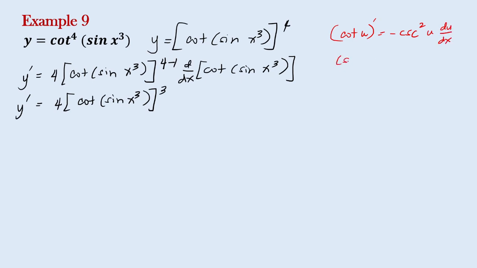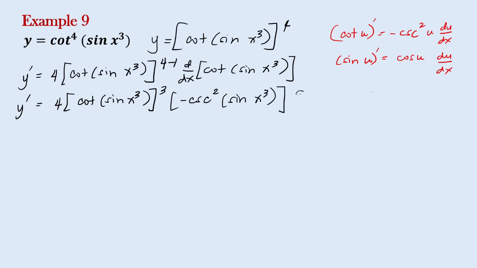And the derivative of sine u, that would be cosine u and then du dx. So we have negative cosecant squared, and then we are letting u as sine x cubed. So this would be sine x cubed.